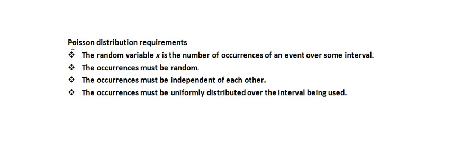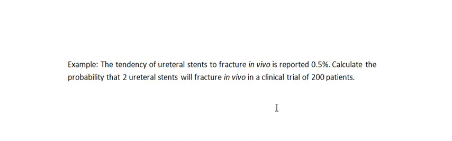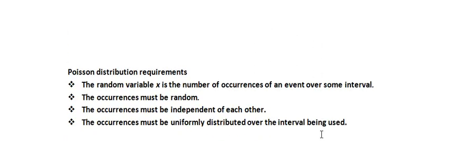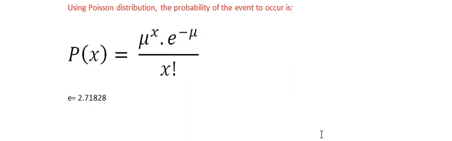So we use the Poisson distribution formula to calculate the probability that two urethral stents will fracture in vivo in a clinical trial of 200 patients. Now this here is the Poisson distribution formula.